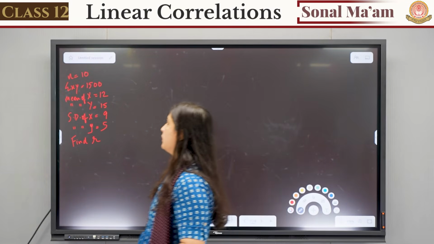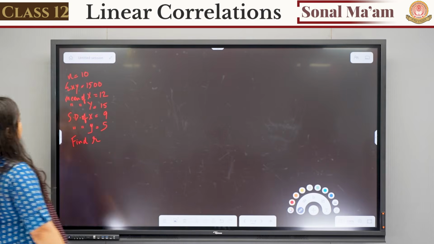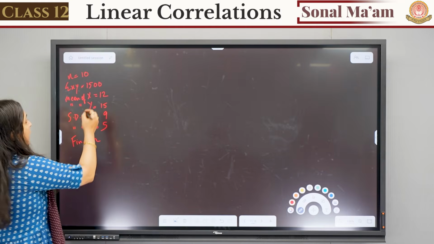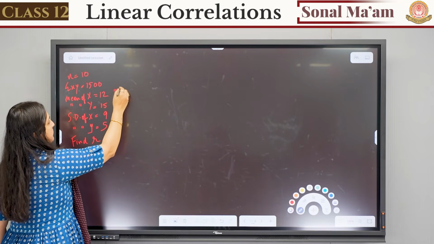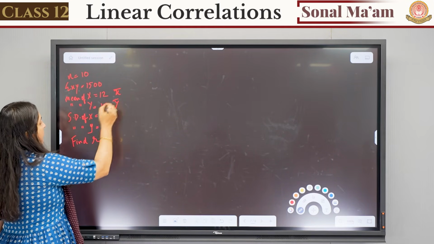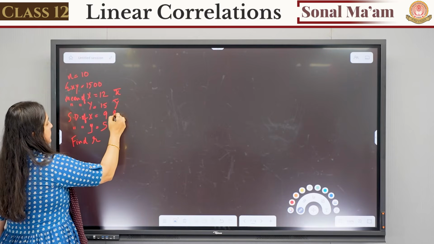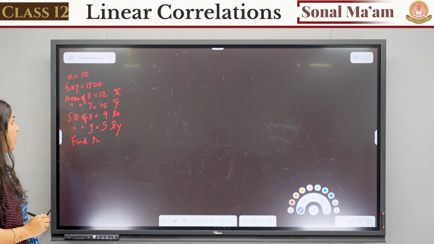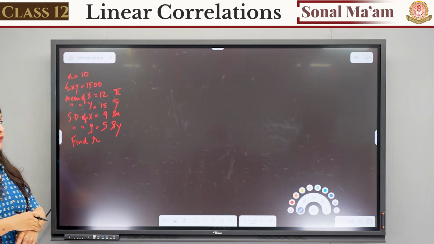Moving further, n is given to you, summation xy is given to you, mean of x is given, mean of y is given, Sx is given. Mean of x means x bar, mean of y means y bar, standard deviation of x means Sx, and this is Sy. So which formula will be applied?